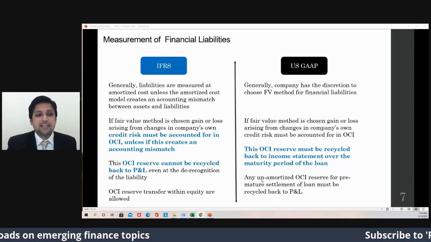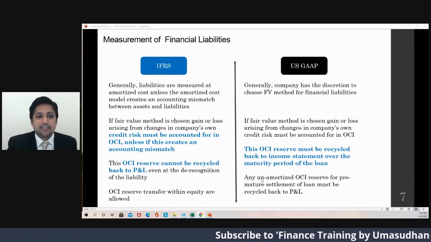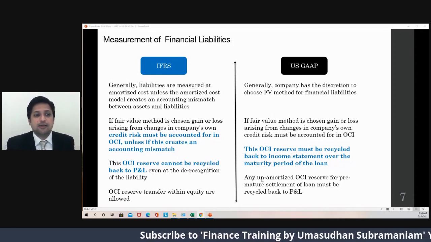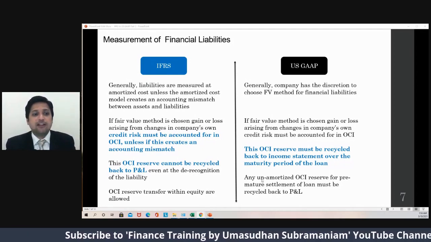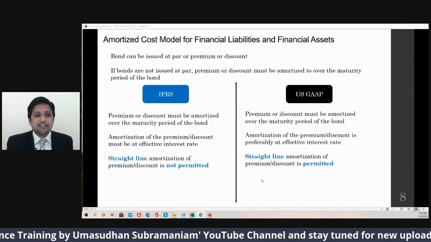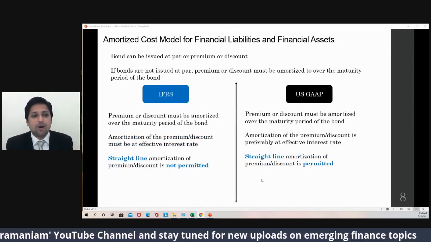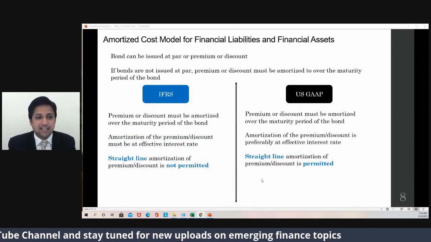So we looked at a key difference between the measurement of financial liabilities under IFRS and US GAAP when the fair value option is chosen. Now, in the next slide, we are going to talk about the amortized cost model in a little more detail.